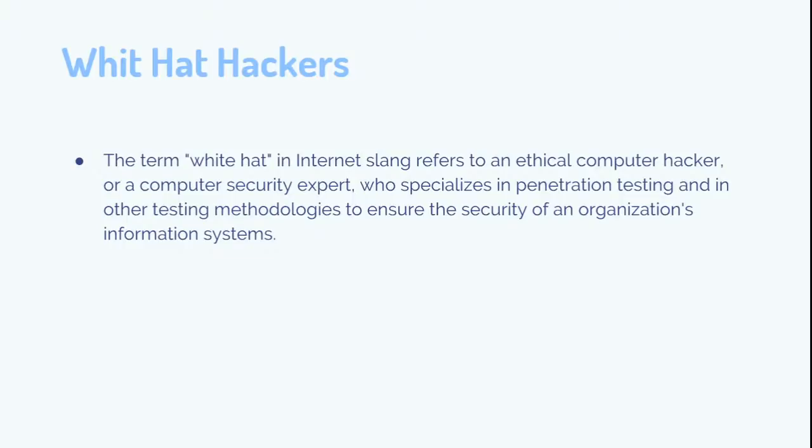For example, if you have a bank server and need to protect it, you will use white hat hackers to protect the server from other strange hackers. That is the use of white hat hackers.